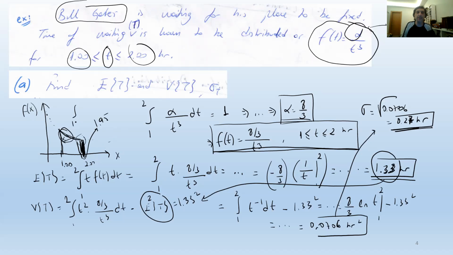You should have integrated from 1.95 to 2 with that probability density function, 8 over 3 over t cubed dt. And when you compute this integral, this result would correspond to the probability that the fixing time will exceed 1.95.